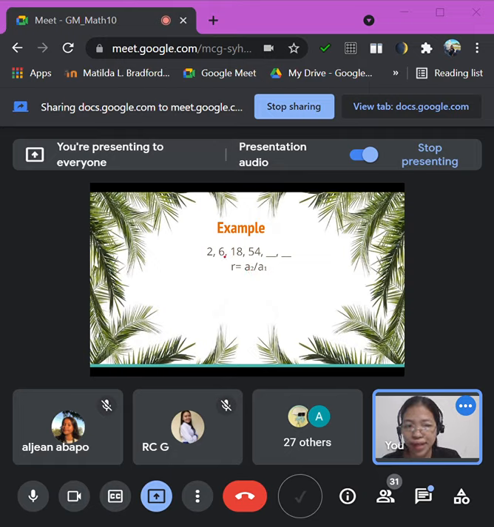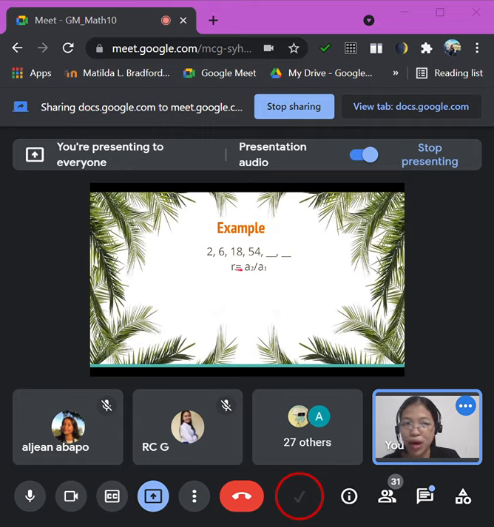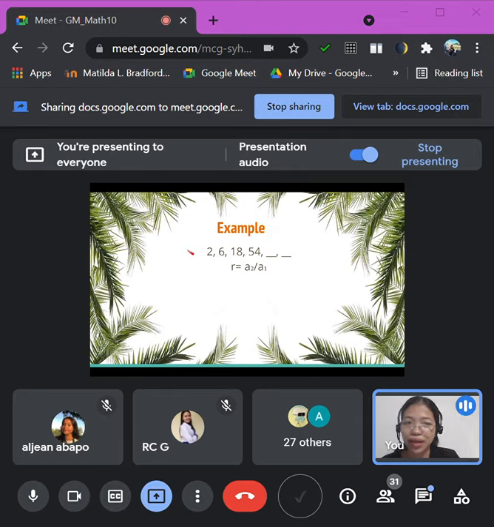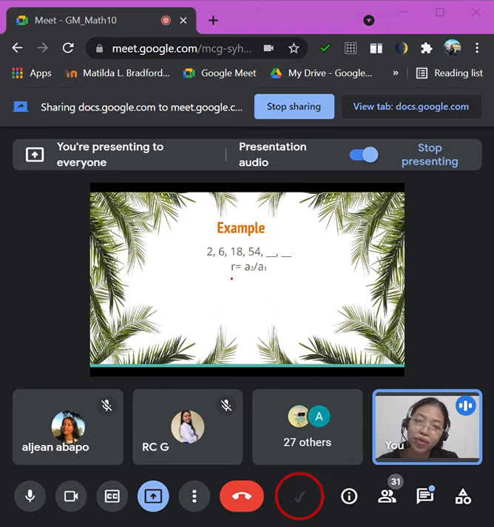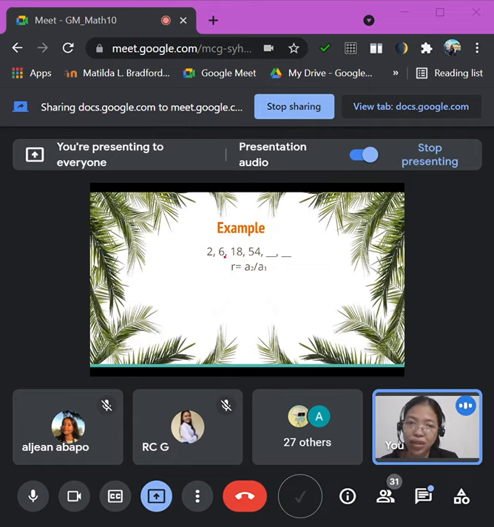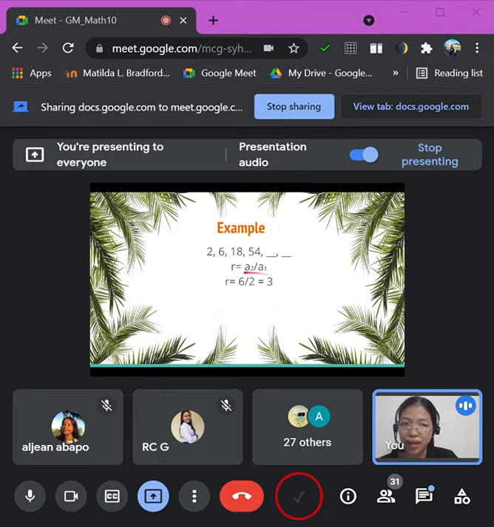So, your second term divided by your first term, para makuha nimo ang imuhang common ratio. So, you will have there 6 divided by 2. Our first term is 2 and our second term is 6. So 6 divided by 2 is 3. So that is now your common ratio.